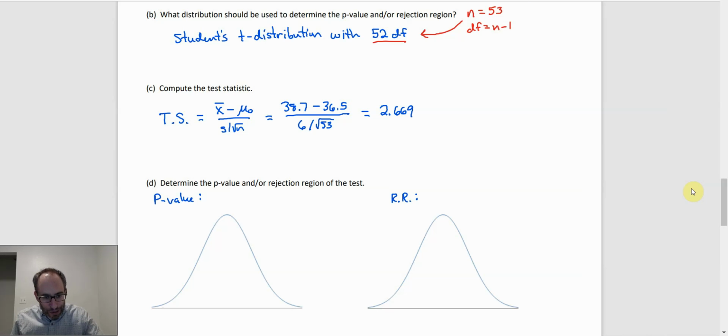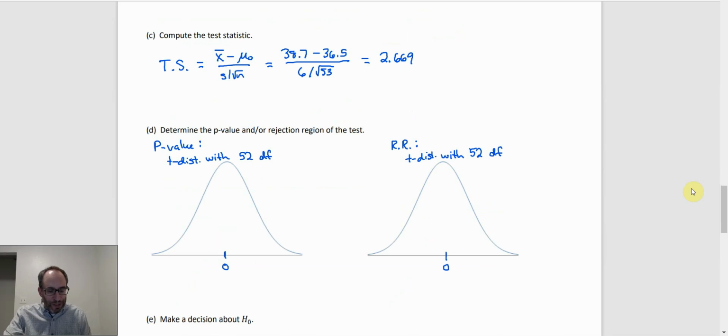This distribution that's here would be the t-distribution with 52 degrees of freedom, and that's also what it would be here. So the t-distribution with 52 df. And t-distributions are centered at 0, so when I draw this, that's what I'm going to put right in the center, in both of these. And then we can get to the specifics here of the p-value and then the rejection region.